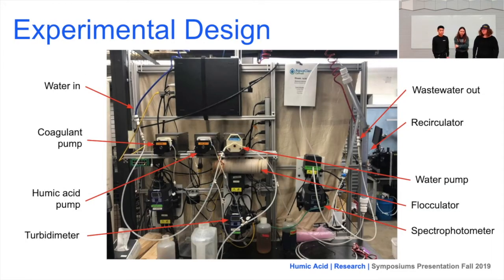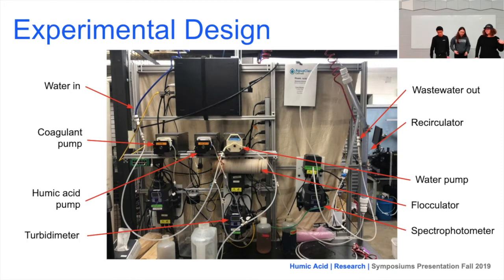So the main difference between this semester and last semester's experimental design is, as Carolyn mentioned, that we're not using clay in our experiment. So instead of 4 pumps, we have 3. Looking at our experimental design, you can see that the water flows into the system, and as the coagulant and humic acid pumps are working, the water mixes in with the humic acid and enters our influent turbidity meter.